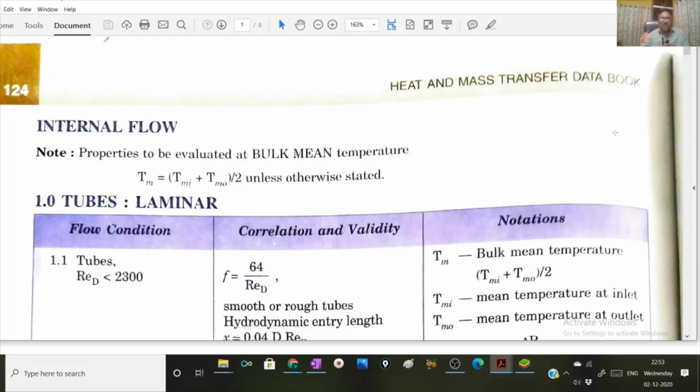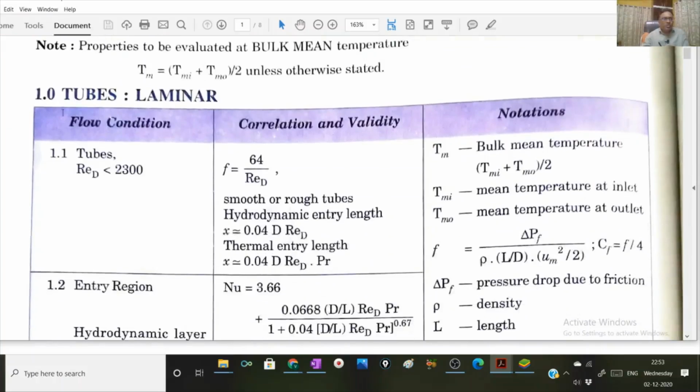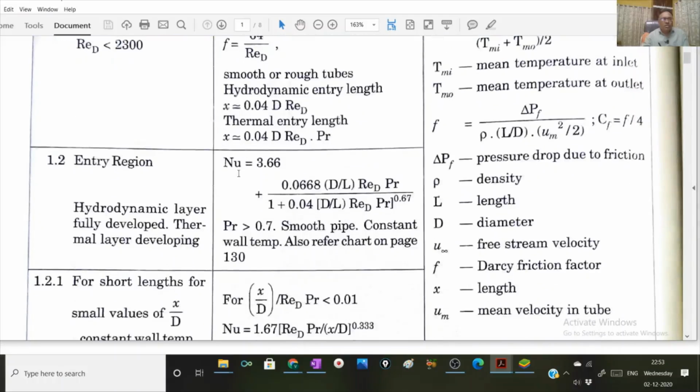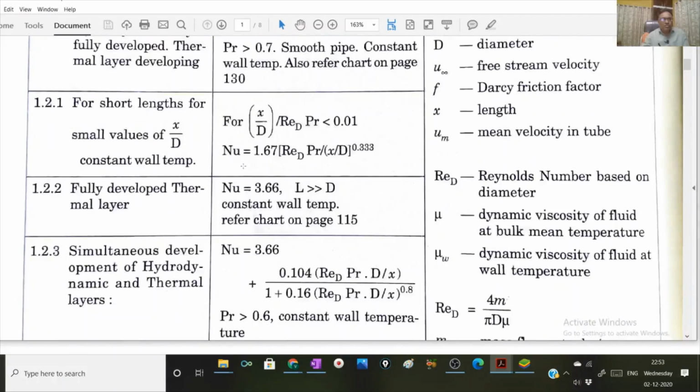So let us, using these three constraints, try to find out the expression for Nusselt number. Section 1.0 tube is for laminar, so all these formulas starting from 1.1 till the end are applicable for laminar flow. So: laminar flow, fully developed flow and constant heat flux.